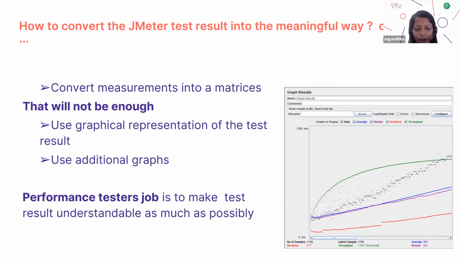So what we can do is draw a graph with all the samples and see how the results deviate. We also have some graphs along with JMeter. There are a few plugins we can enable, and using those plugins, you can see a nice graphical representation of the results. Most of the commercial tools have this facility. So by enabling some plugin in JMeter, you can use it there as well.